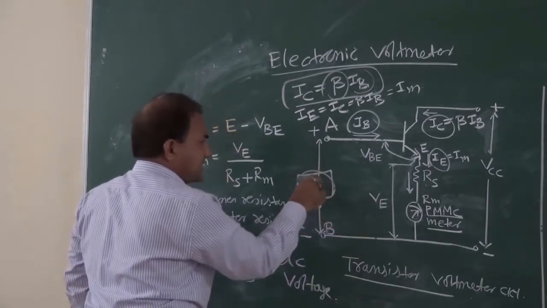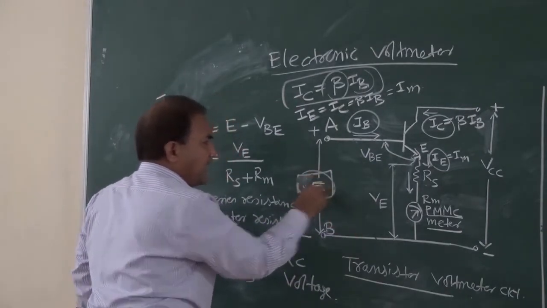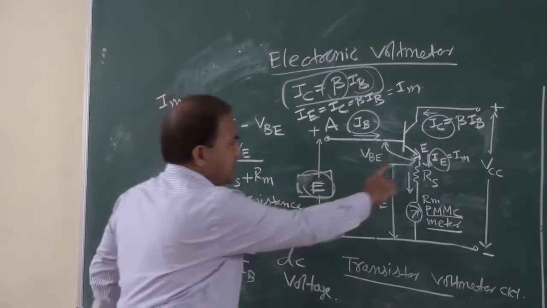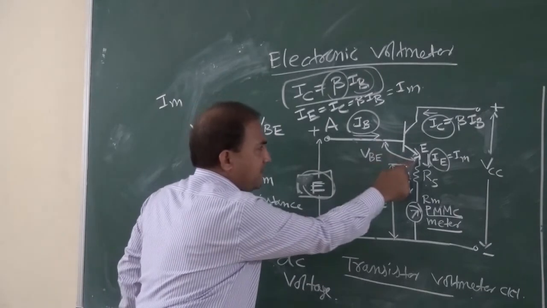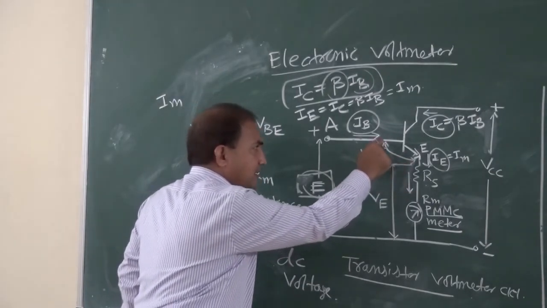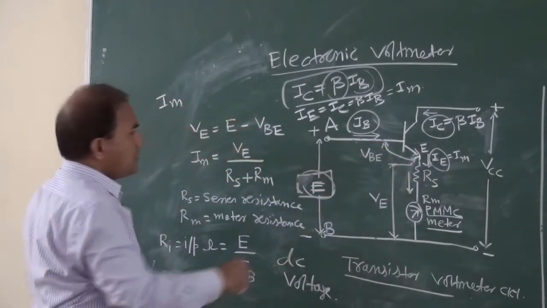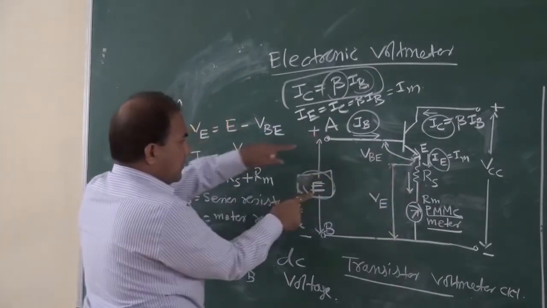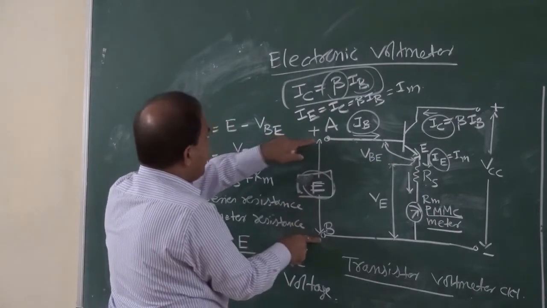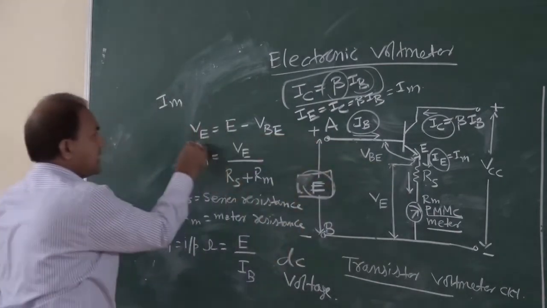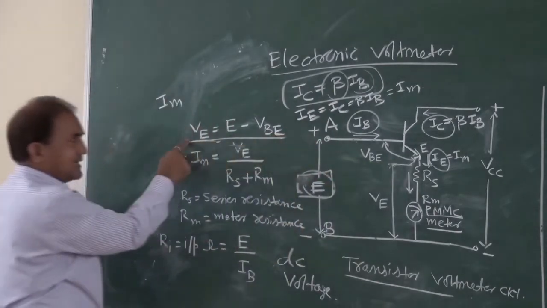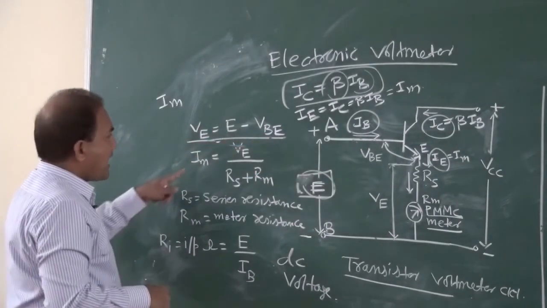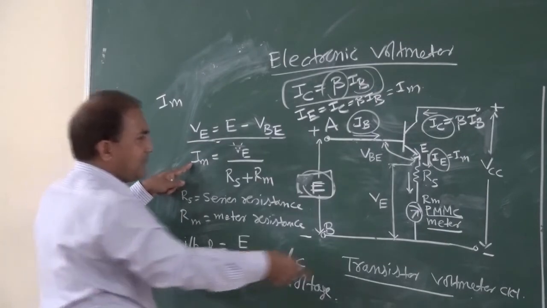This E is the applied DC voltage. And this is VE and this is VBE, the voltage drop across the base and emitter terminals. So VE is equal to this complete E minus VBE. You can write VE is equal to E minus VBE, and IM is equal to, what is IM?